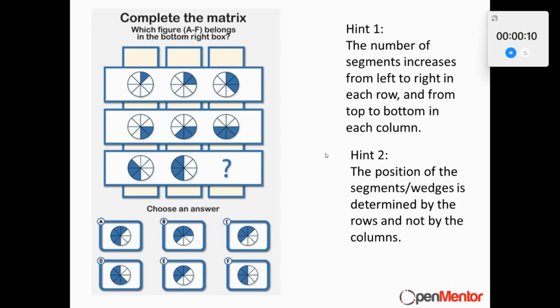Ten more seconds. I know you would have got the answer correct.